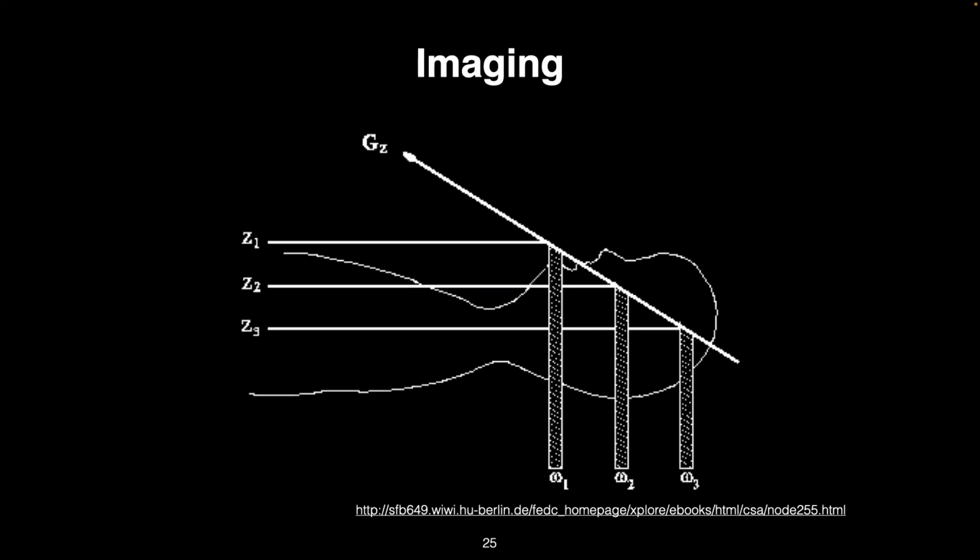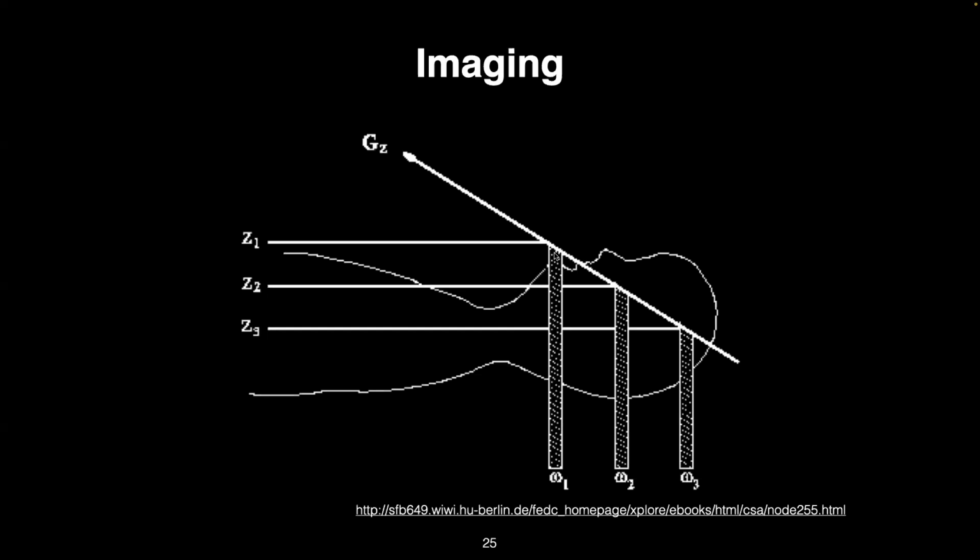The first case I'm showing here is using this variation in position to excite protons in a given location at any given time. So for example, if we wanted to excite protons in this slab here denoted omega 1, when you put your subject in the magnet, you have to landmark them. So essentially, the magnet knows where every position on the subject is to a pretty high degree of accuracy.